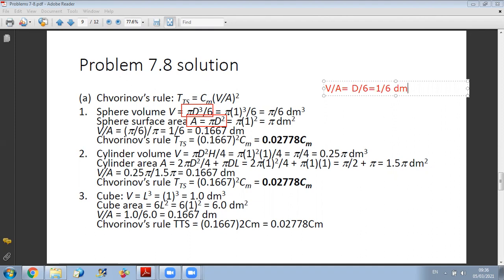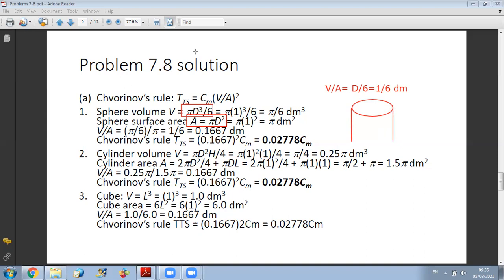Let us continue with the other types. So we have the cylinder. If I know the diameter and I know the height, they are given. So first, to calculate its volume, it's pi d squared over 4 times the height.